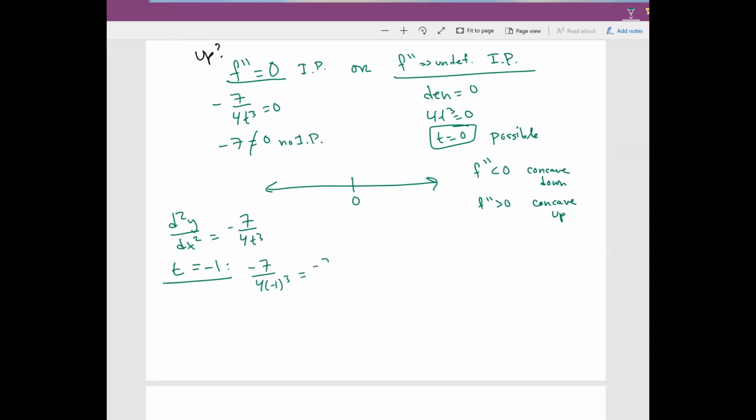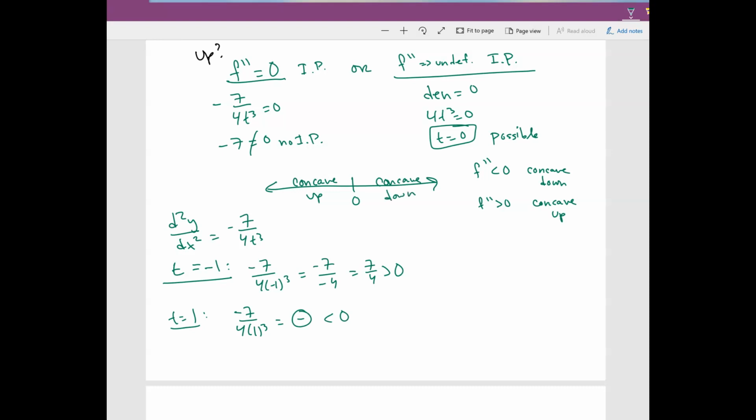You get negative 7 on top and a negative 4, which gives a positive 7 over 4. So this is positive, which means over here it's concave up. Now let's plug in a number greater than 0, t equals 1. You get negative 7 over 4 times 1 cubed. Obviously this gives a negative number, less than 0, so it's concave down.